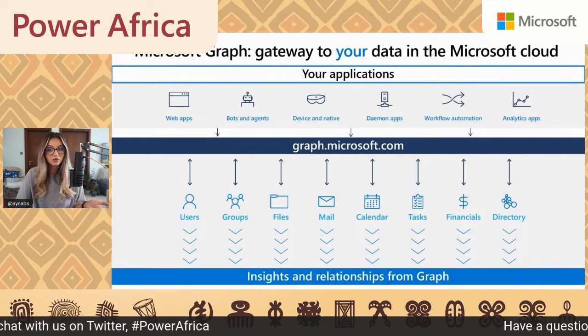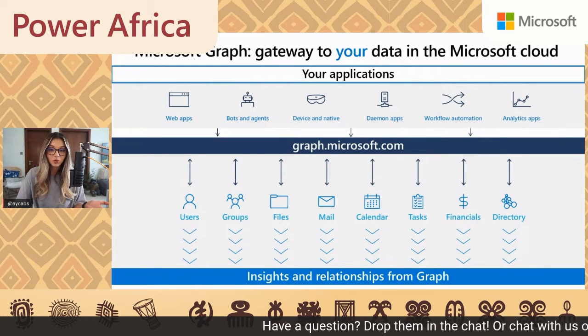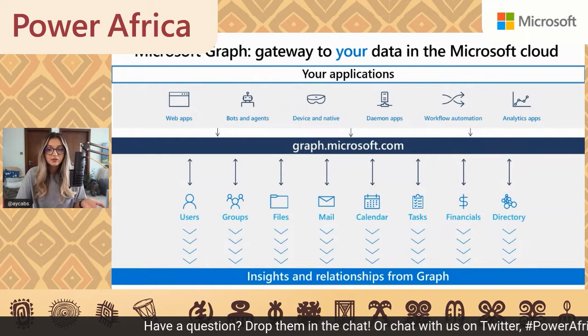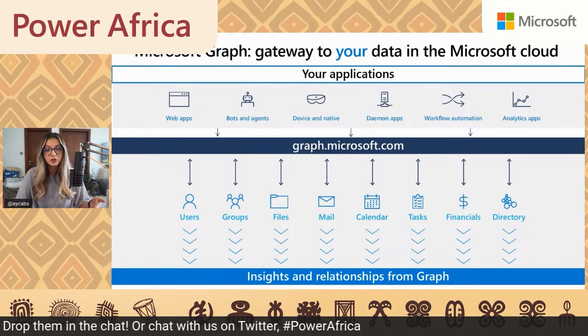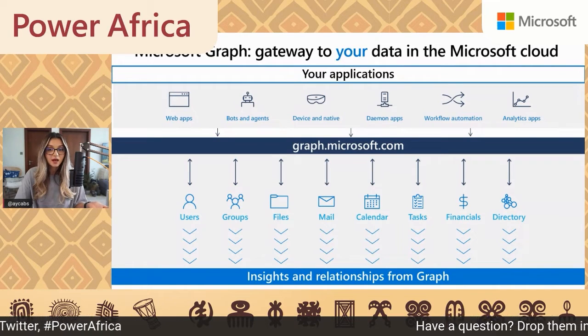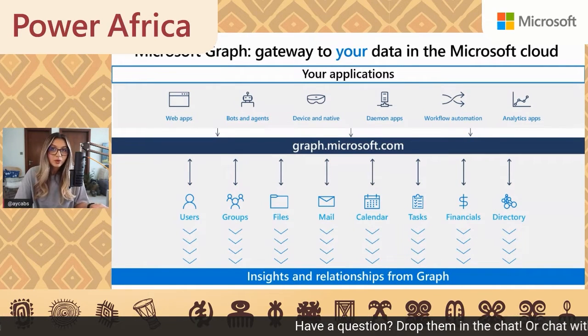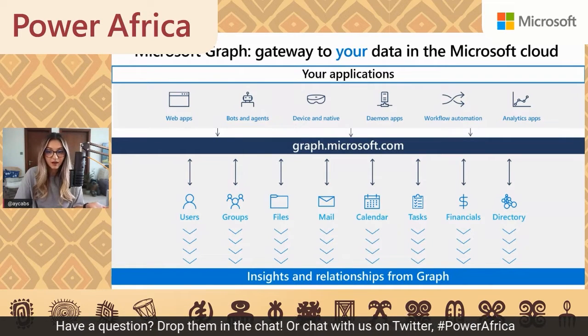And by using those data, there are different scenarios that you can create. For example, building apps with rich content, you can access deep insights generated from usage patterns such as trending documents, best team meeting times, or who people usually work with. All these data are available in the background of M365 for you.